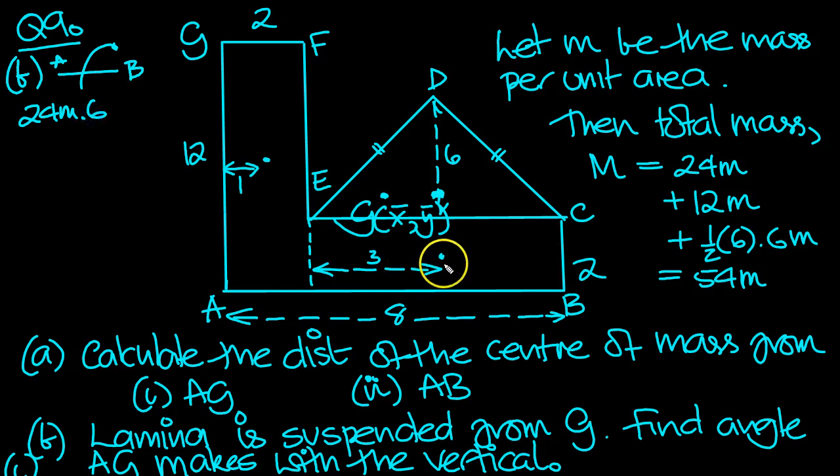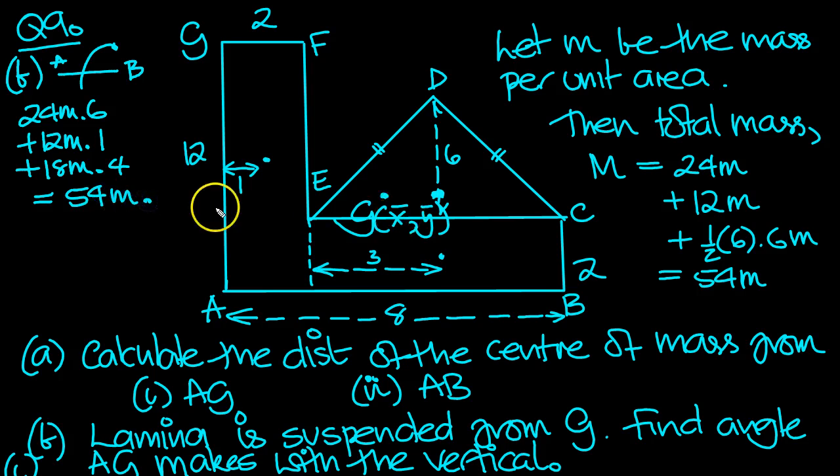And then we've got this shape, whose area is 12m, times 12m times this height, which is 1, plus 18m for the triangle, times the height of the centre of gravity here. It's a third up from the base, which is 2 units. This is also 2 units, so it's 4. And that's equal to 54m, the total weight, times y bar.